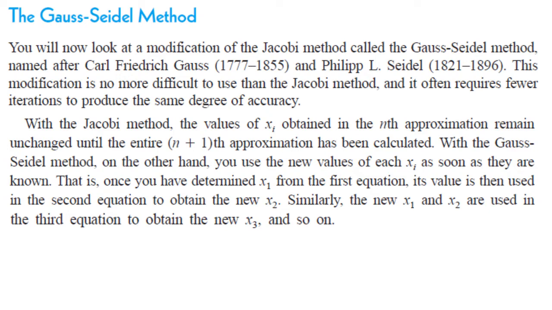You calculate x1 from the first equation, x2 from the second equation, x3 from the third equation, and similarly you can find all the values, but start with the initial approximation just like the Jacobi method. Till this point, this is exactly the same as the Jacobi method. Students, then what is the new thing here?